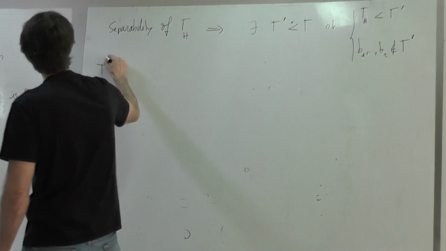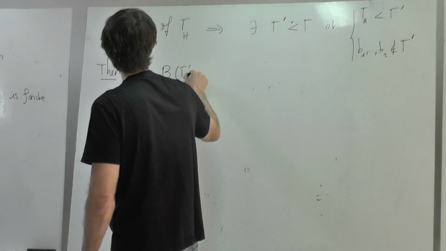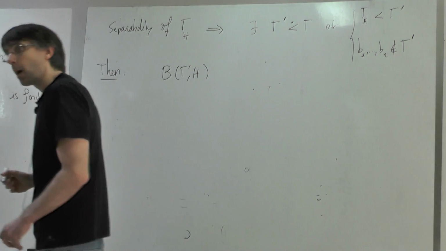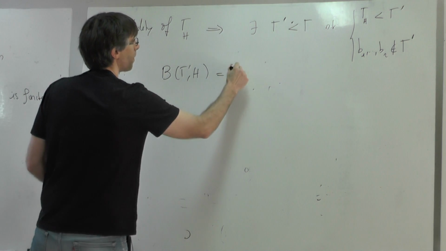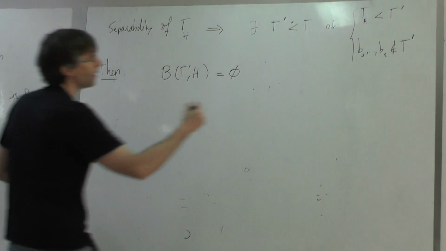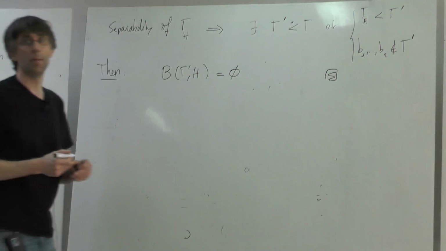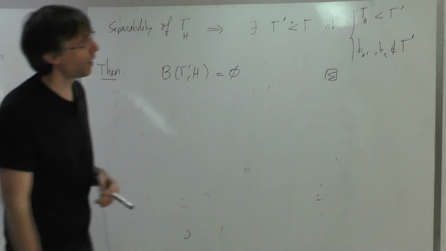So then B intersected with gamma prime H is now empty, because it's again the intersection of this with gamma prime. Okay. And now, since there are no bad elements, the theorem is proved and the manifold is embedded. Okay.